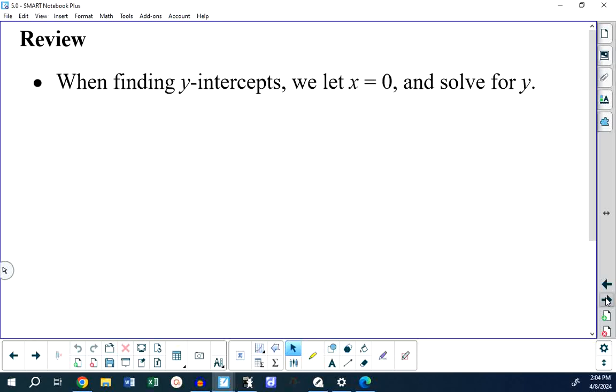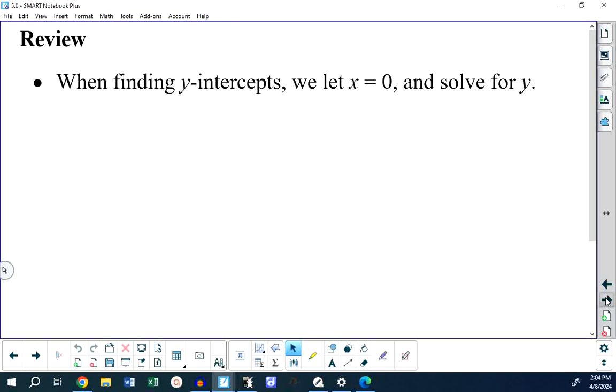However, since we're graphing functions in this course, and a function is a relation in which every input has only one output, that means you cannot have multiple y-intercepts for a single function. Okay, the graph either crosses the y-axis in one location or it doesn't cross at all.